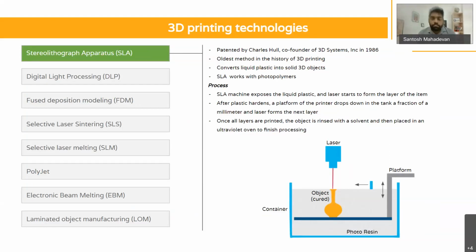Now, this is the oldest known method of 3D printing, and in fact, much before the whole jargon of 3D printing came to be, SLA or stereolithography was probably the only name people would talk about. Kind of like how we speak about Xerox today. You want to photocopy a paper, we go around saying you're going to Xerox.